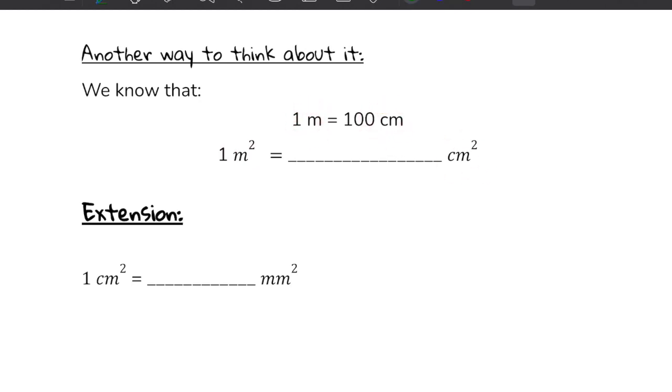Then I'm going to figure out, well, what do I need to do to get from this point to this point? How can 1 become 100? The factor is 100. I multiply by 100. 1 times 100 is 100, right? So to go from meters squared to centimeters squared, I also multiply by 100, but I do that twice, okay?